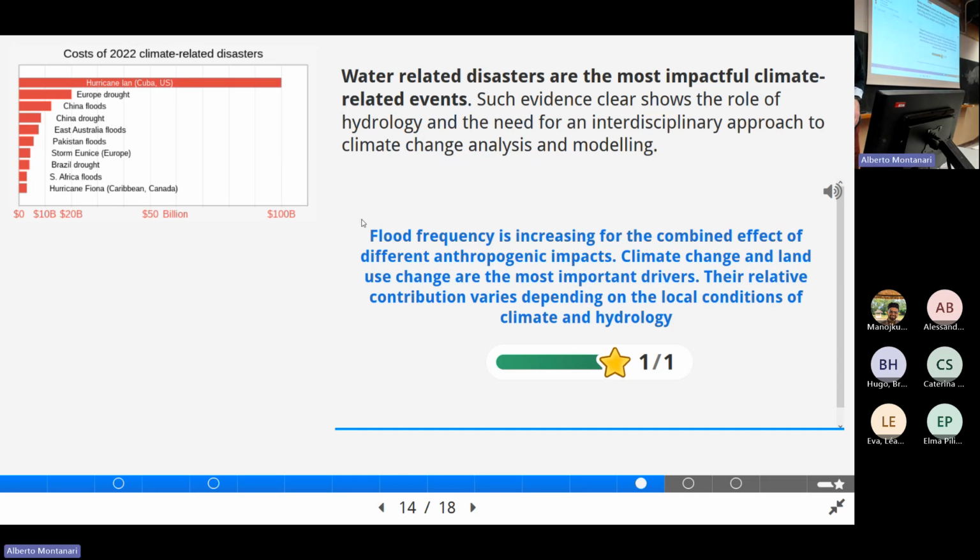And here you see a comment, flood frequency is increasing for the combined effect of different anthropogenic impacts. Climate change and land use change are the most important drivers. Their relative contribution varies depending on the local picture. And keep in mind that when you talk about climate change, it's a global problem, but the implication of climate change is a local problem.